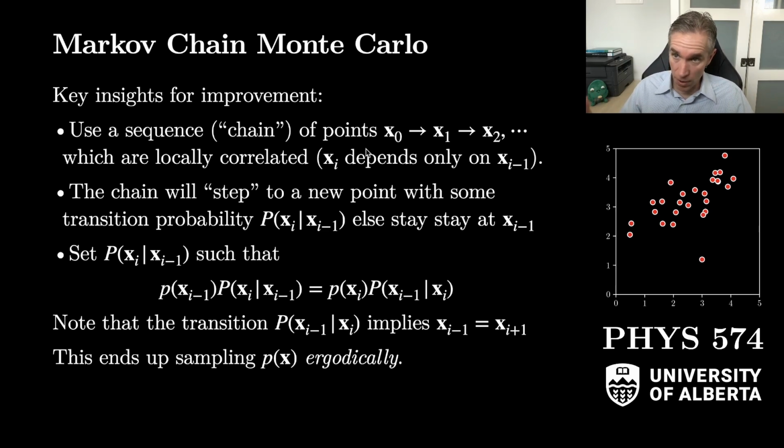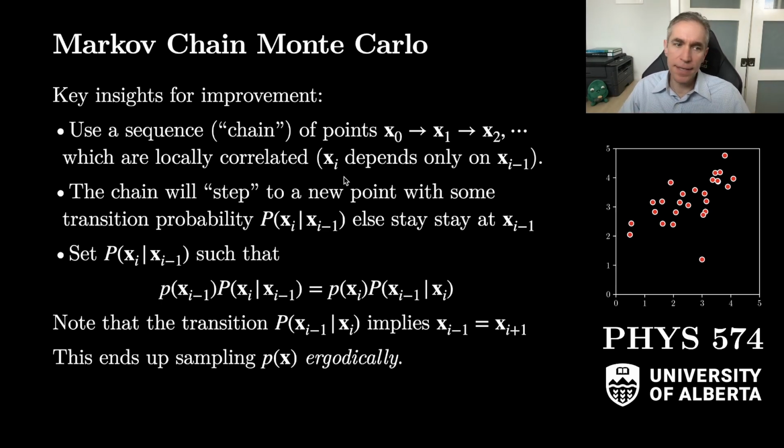It is a Markov chain in the sense of a physical process, and we'll get into the details of that soon. But we assume that we start at some x naught and we go through the chain x1, x2, to xi, all of which has a sort of neighboring relationship that depends only on the preceding point. So x sub i depends only on x sub i minus 1.